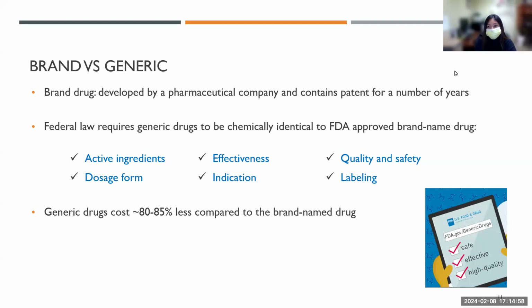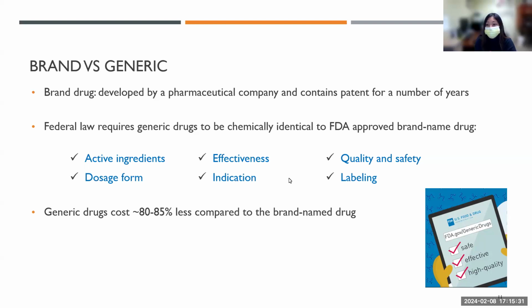After that patent runs out or expires, other companies can develop the same drug or a similar drug. But there is a federal law requirement for this drug to be made. So we call this the generic drug. Federal law requires generic drugs to be chemically identical to the FDA approved brand name drug. What I mean by chemically identical is that the generic and the brand drug will have the same active ingredients.